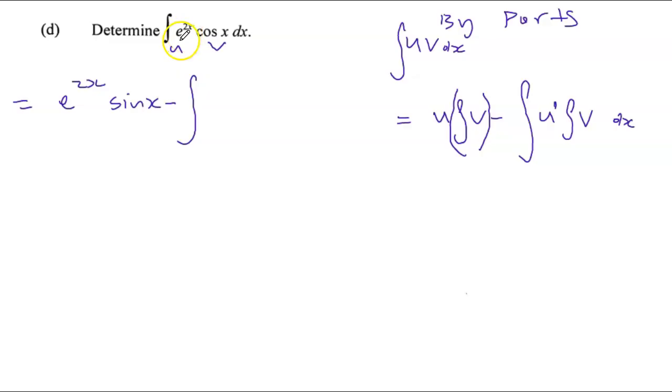Now u is e to the 2x, which means u prime is e to the 2x differentiated. So that's 2e to the 2x. Since it's a constant, I'll just put the 2 outside here conveniently. And then the integral of v, we already have. v is cos x, the integral of v is sin x.